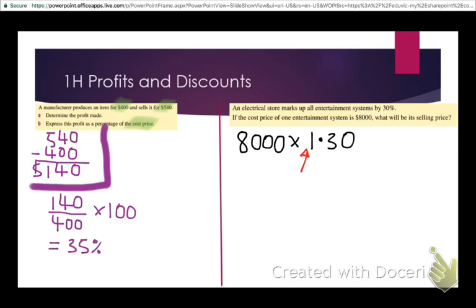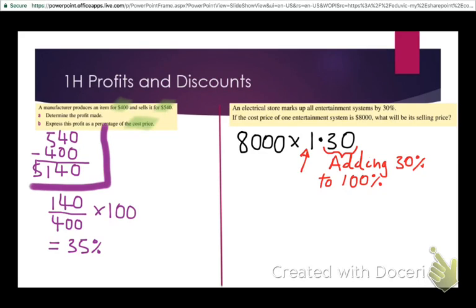So by multiplying it by 0.30 for 30%, that is adding our 30% to our 8,000, which is our 100%. And the 100%, as we know as a decimal, is represented by 1. So that's why we do it like that.